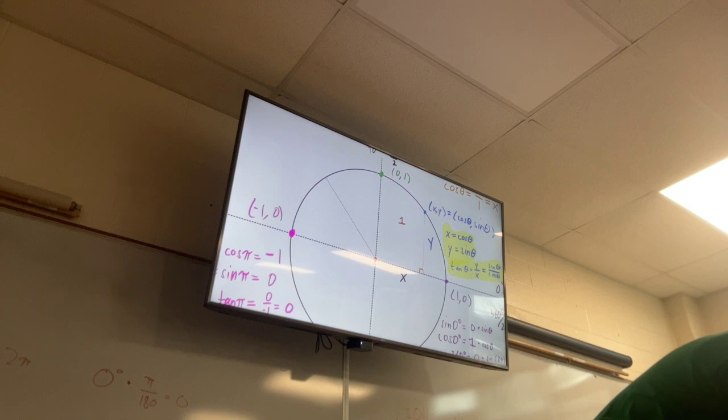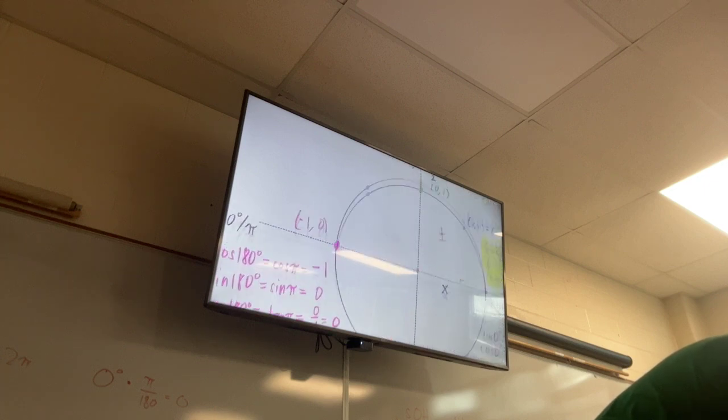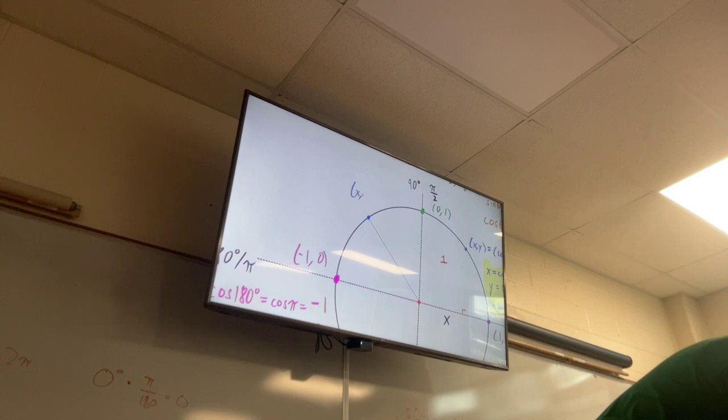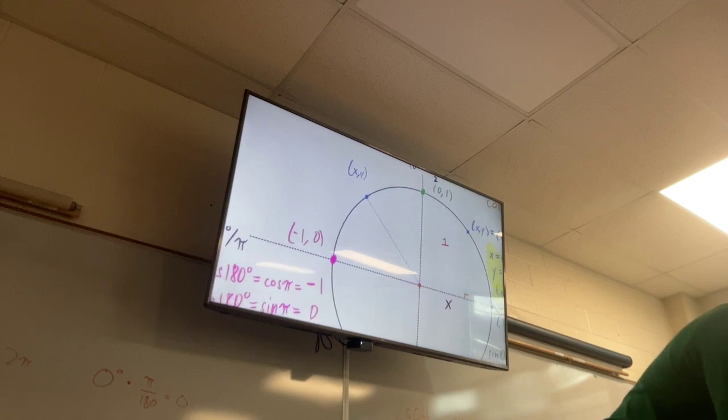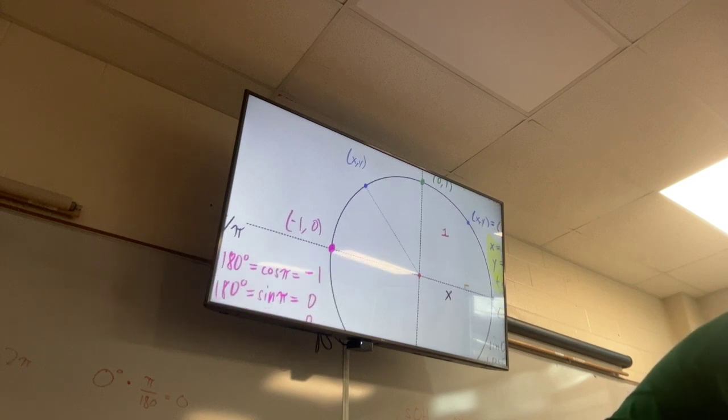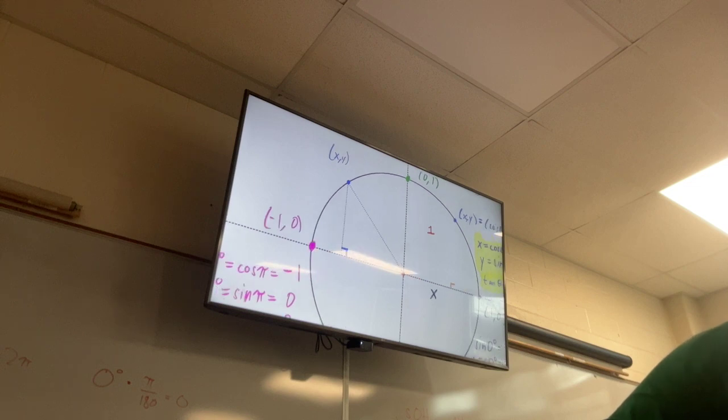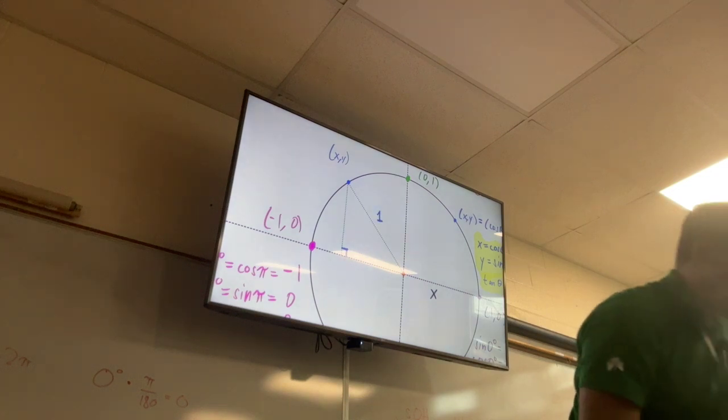What's going to happen here? Let's plot that point right there, x comma y, and I'm going to finish drawing that triangle. Still got a radius of 1.